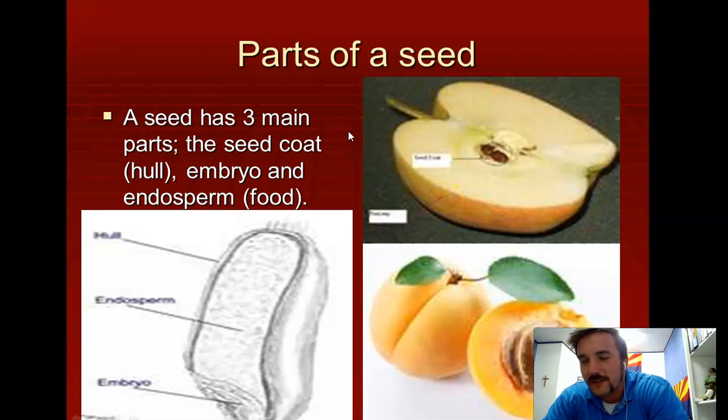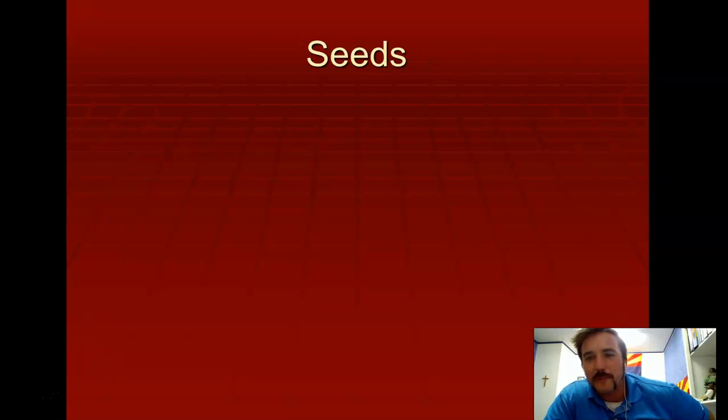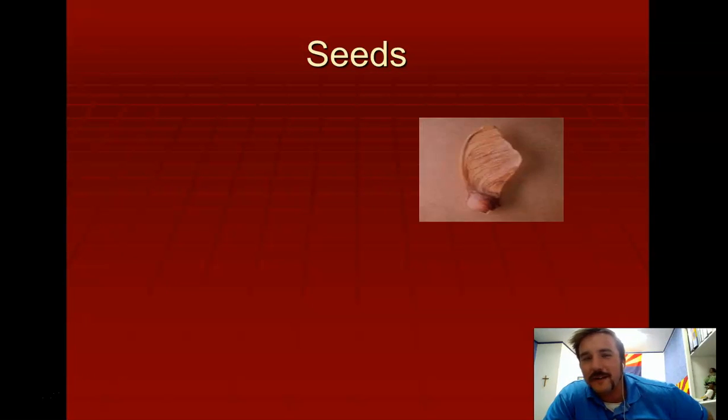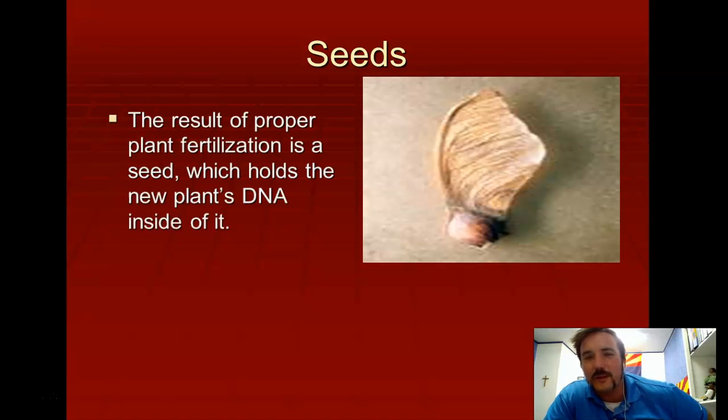The fruit is really just there for the seed to be protected. That's the most important part. It also makes it easier for animals to eat the fruit that's on the ground. So we want to talk about now seeds and what they look like.